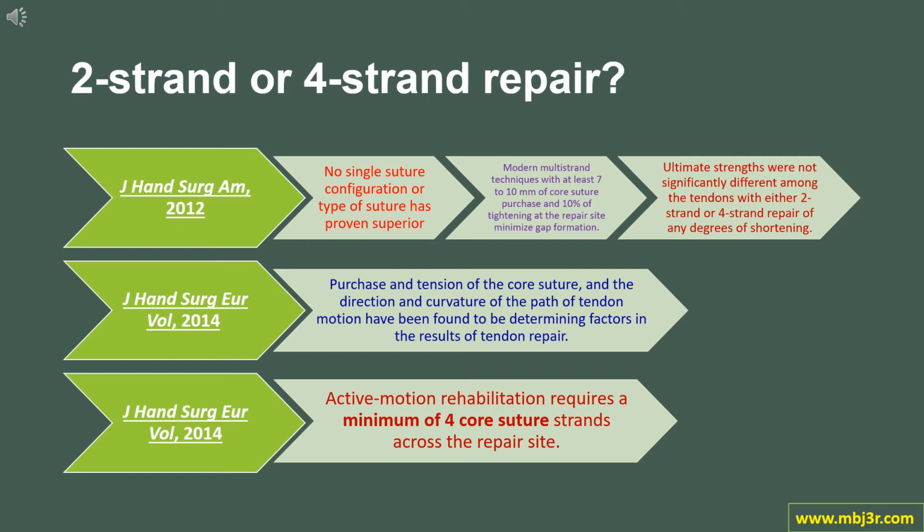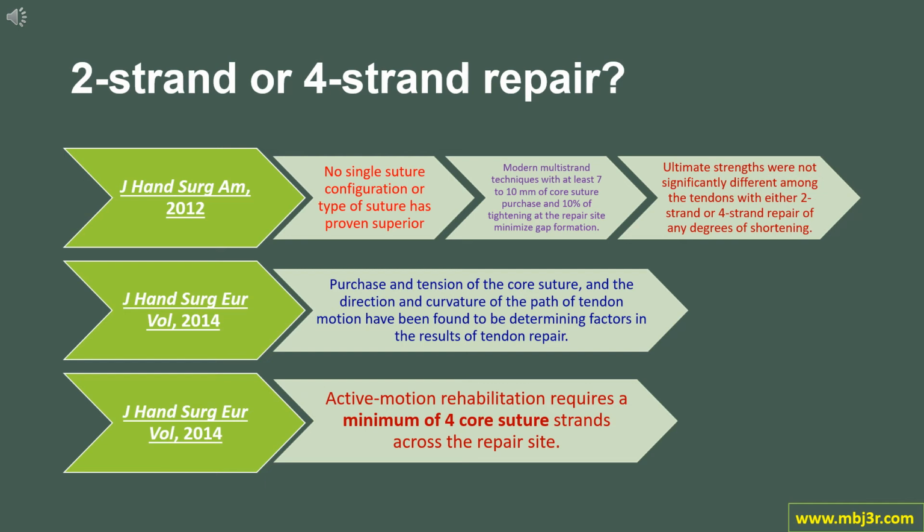The ultimate strength was not significantly different among tendons with either a 2 strand or a 4 strand repair of any degree of shortening. What is important is that it should hold the tendon ends and there should not be any gap between the cut ends. The purchase and tension of the core suture and the direction and curvature of the path of the tendon motion have been found to be determining factors in the results of tendon repair.